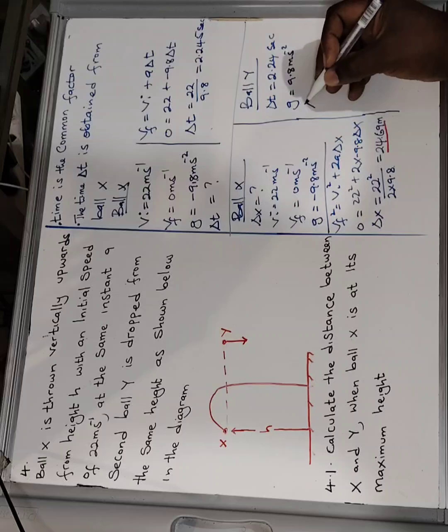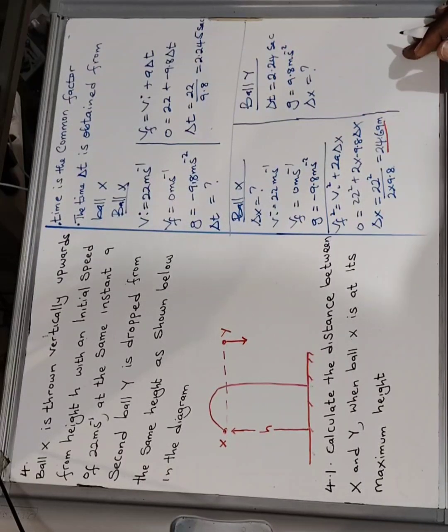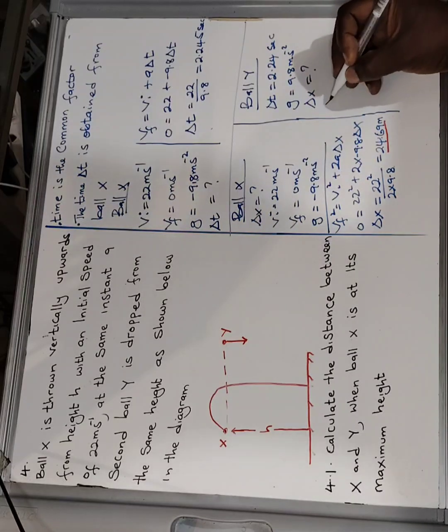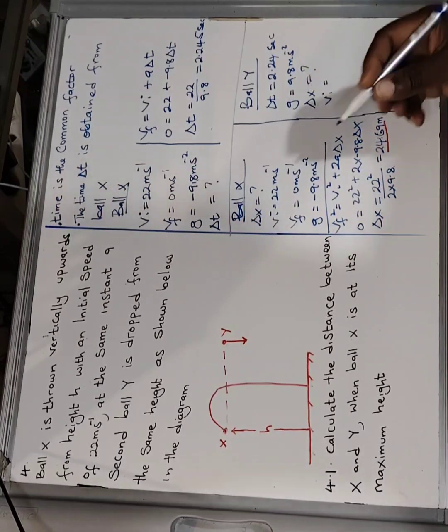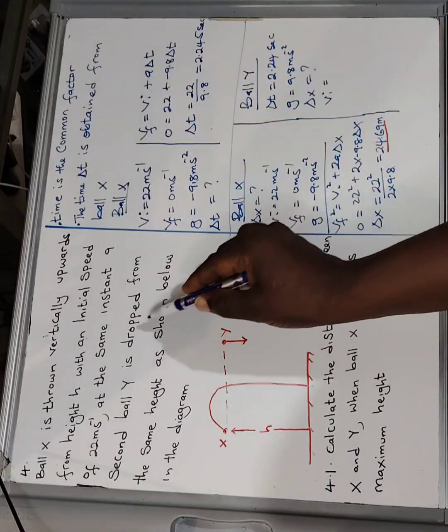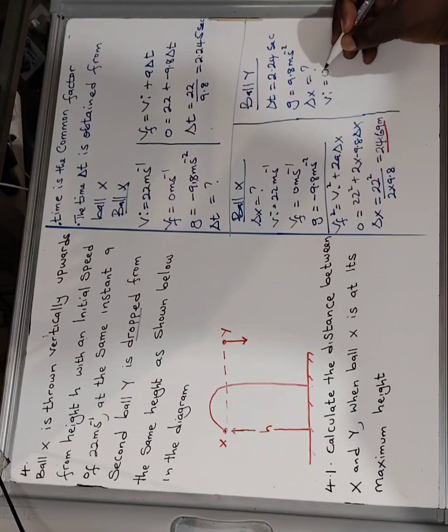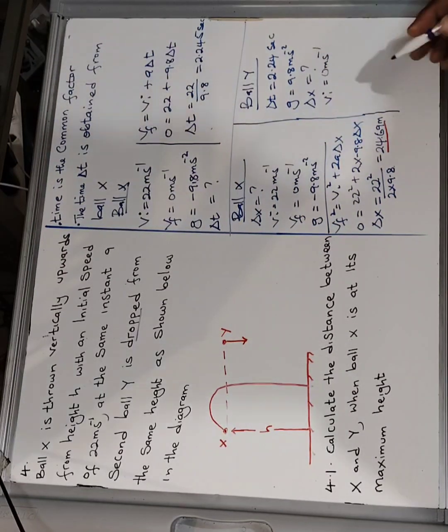We are looking for delta x, so it's one of the factors to consider. And we know the initial velocity. How do we know it? They said ball Y was dropped. Dropped means initial velocity is 0 meters per second.